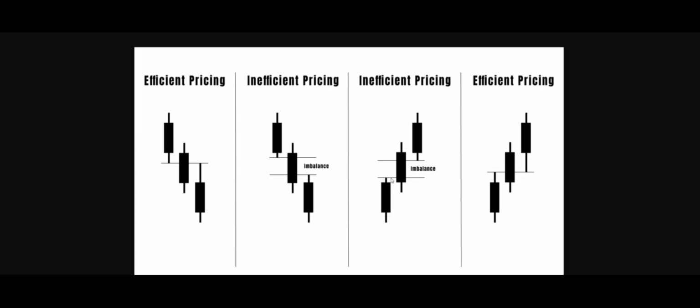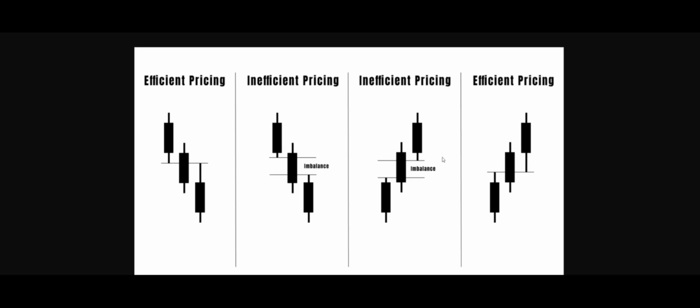Both buyers and sellers didn't get a fair chance of liquidity; it's only dominant buyers, where sellers haven't had a chance to get involved. The same is true for bearish inefficiency: when price is moving to the downside, there have only been sellers in the market, and buyers have not been able to get involved. When price inefficiency forms, more often than not price action will come back to refill that price, to rebalance price, and then potentially carry on in the desired direction.